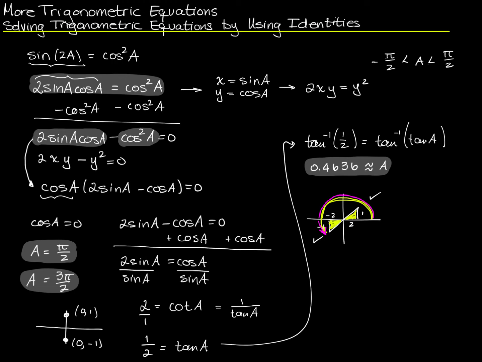So I already have this 0.4636, that's still in my calculator. So to find this angle, I'm just going to hit the plus and then second pi. And my calculator tells me that 3.6052 is another angle A. So there's a fourth angle that's a solution to my original equation.